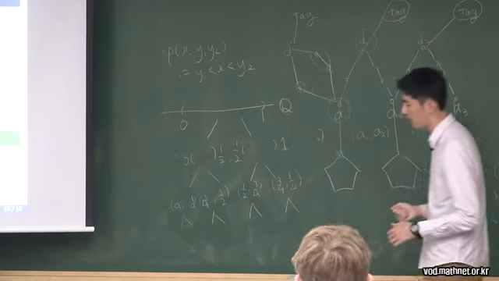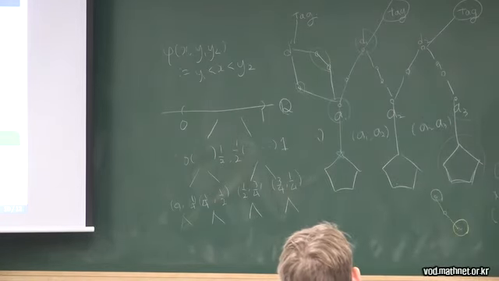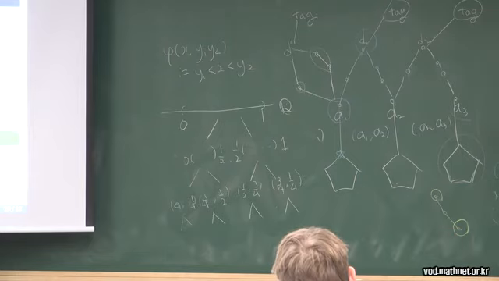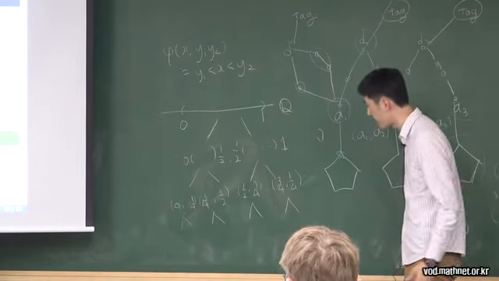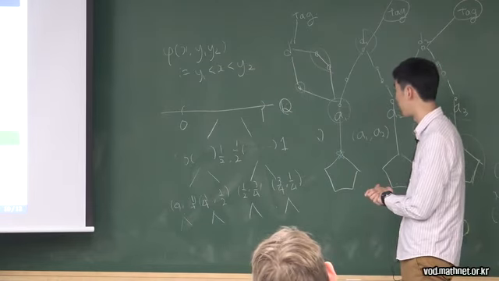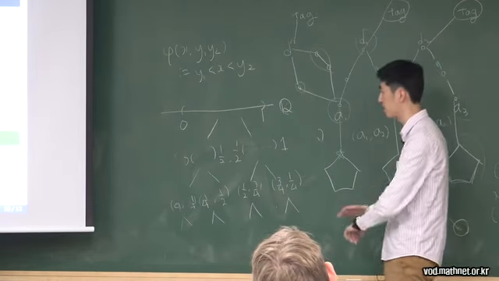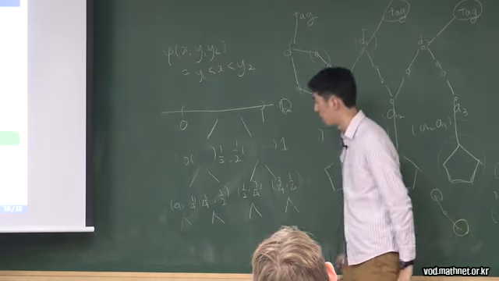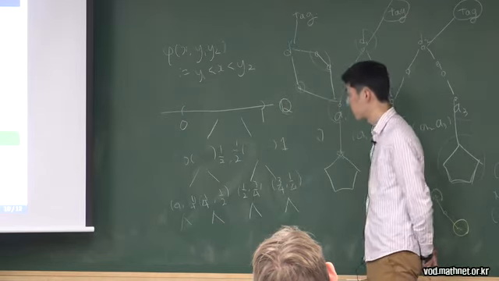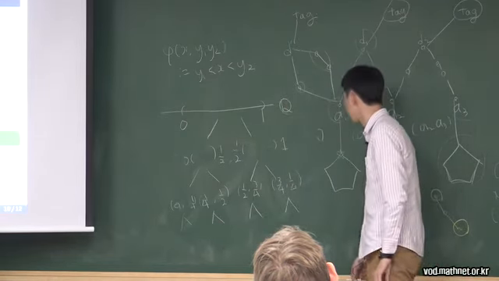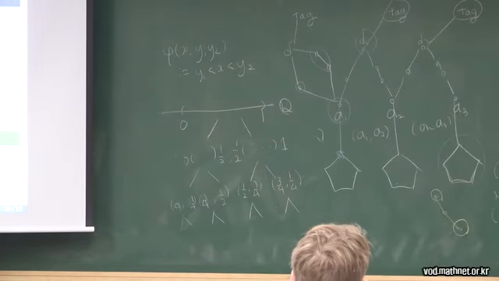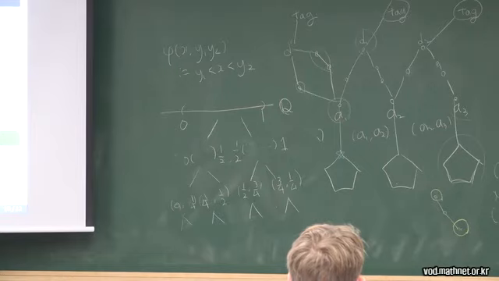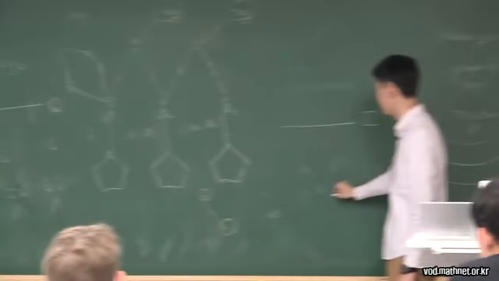As model theorists, many are interested in this kind of infinite tree because, for example, if you have Z, this kind of infinite tree cannot happen there.